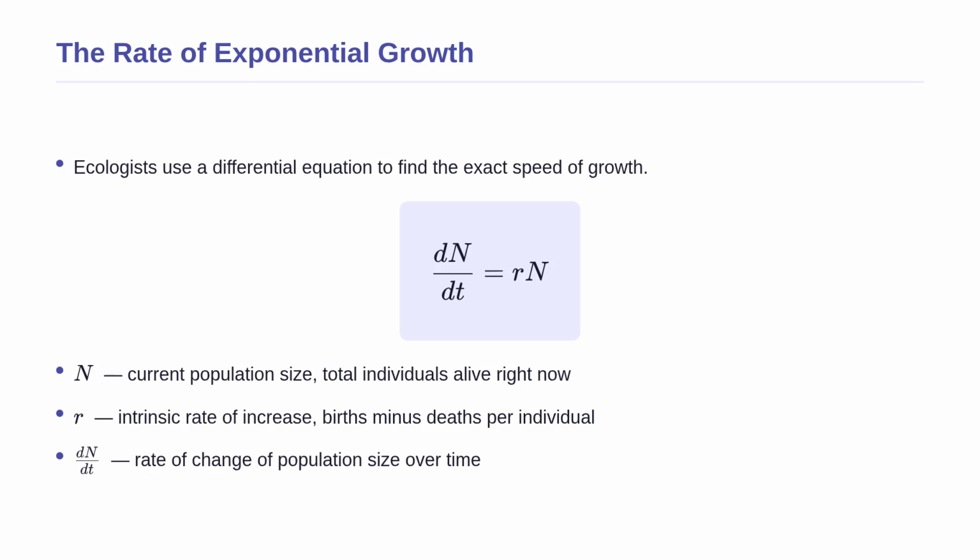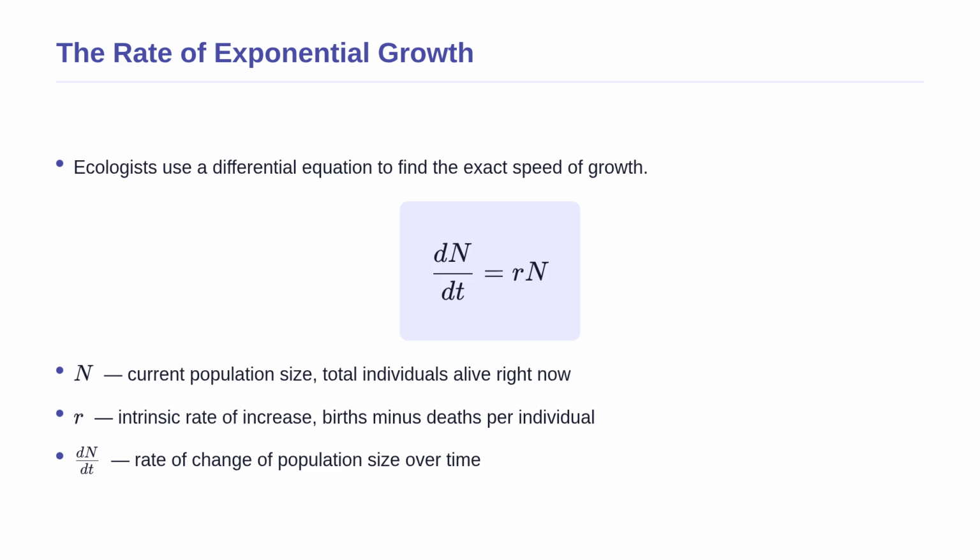Now that we understand what exponential growth is conceptually, let us look at how it works mathematically. To describe this explosive growth, ecologists use a simple differential equation. This formula tells us exactly how fast the population is changing at any given exact moment. The term dN over dt represents this rate of change, essentially how many new individuals are added per unit of time.